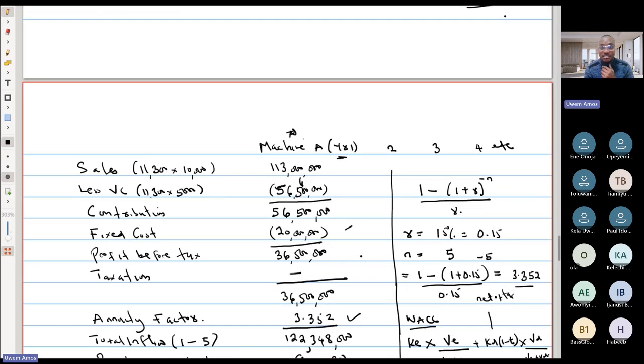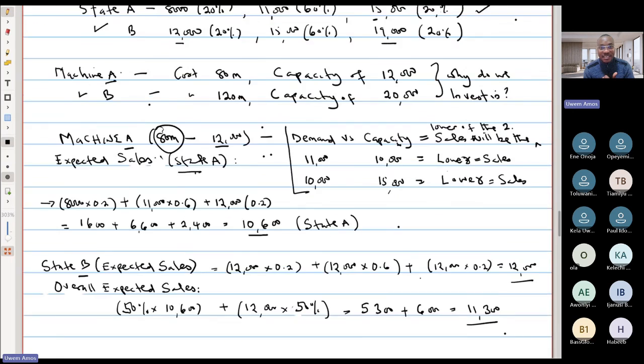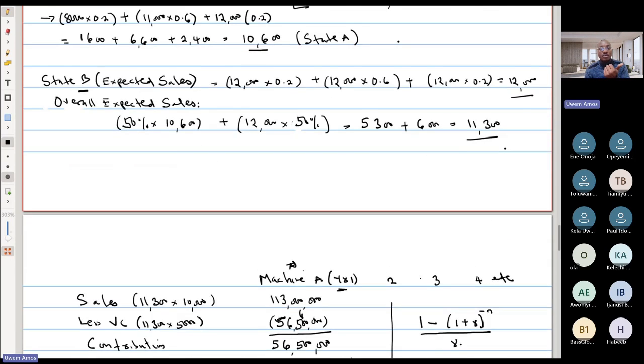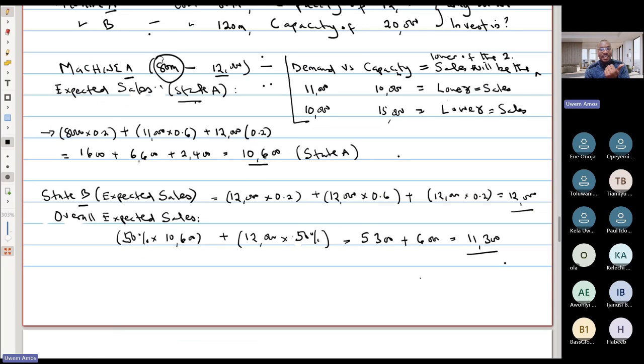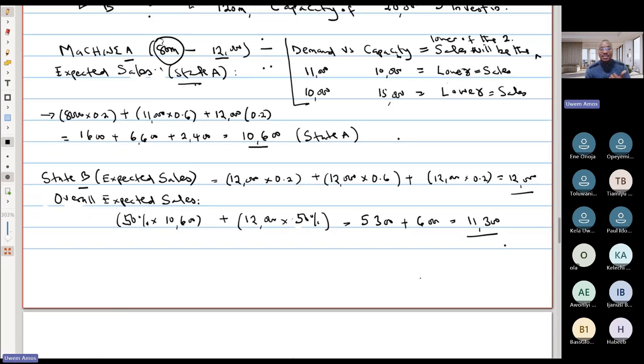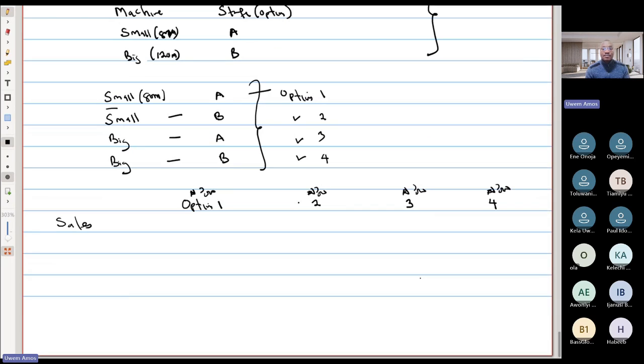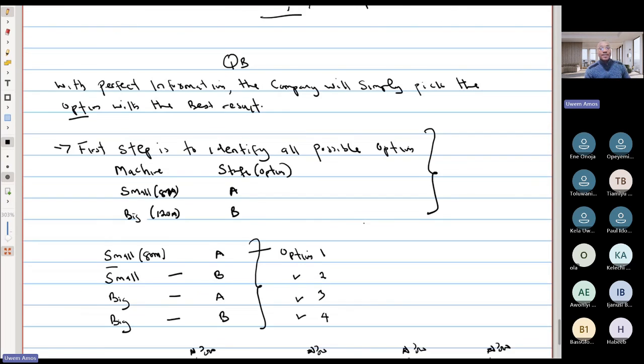So small machine A is 10.6, and small machine B is 11.3. Let's go to the other ones, big A and big B.